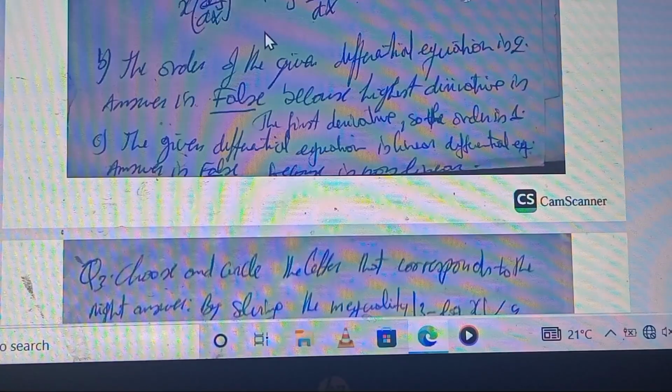Here also it is false because the order depends on the highest derivative. Here the highest derivative is the first, so the order is 1, not order 2. It is false. Question C. The given differential equation is a linear differential equation. The answer is also false because it is non-linear.